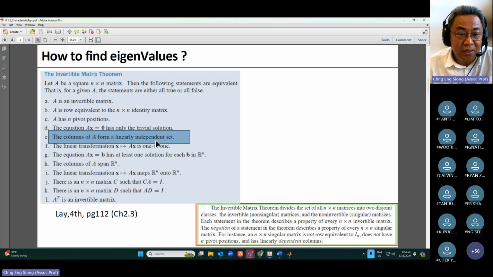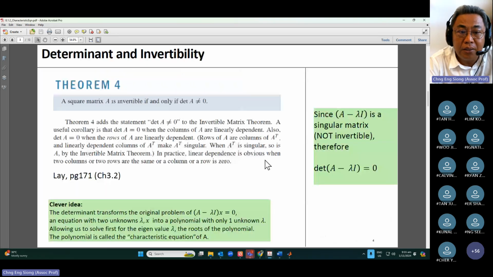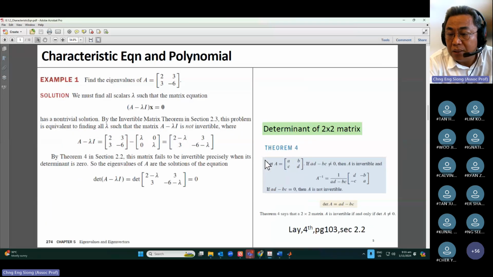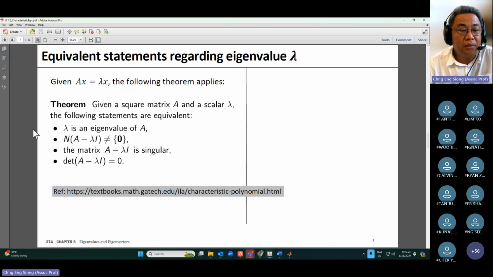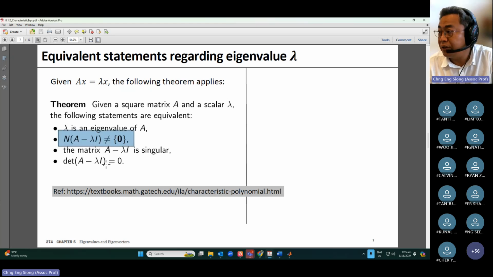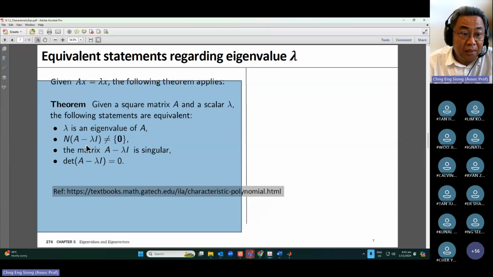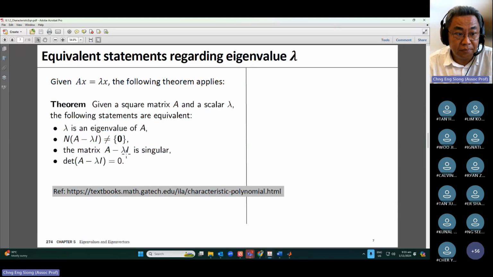Therefore, because ours is linearly dependent, it is not invertible, and all the other conditions are related. Here is what our friend has just told us: the null space of A minus lambda I, which is not equal to 0, since we're not interested in the zero vector, is the eigenvector.